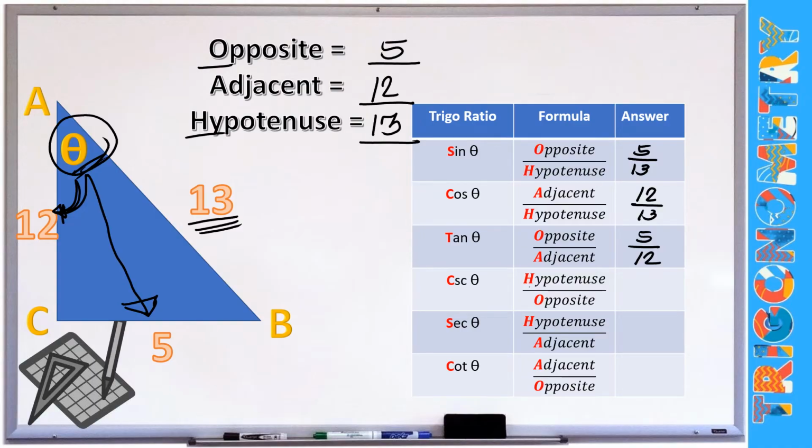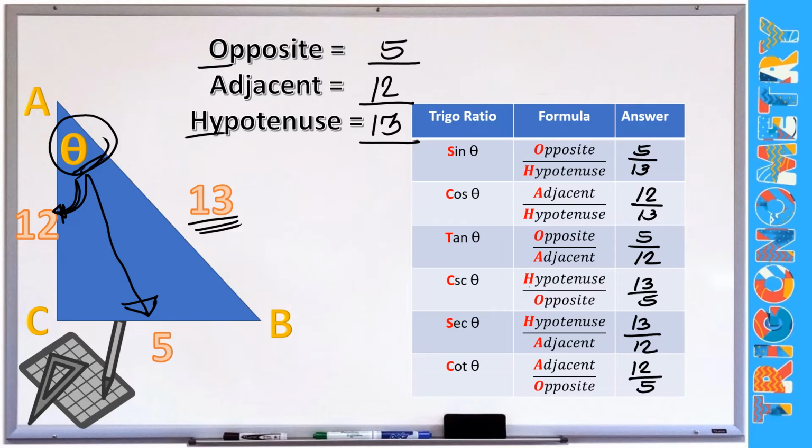So 13 over 5. And then we have secant, which is hypotenuse over adjacent. So 13 over 12. And finally, our cotangent is adjacent over opposite, which is 12 over 5. Okay, so that is the 6 trigonometric ratios of our given triangle.